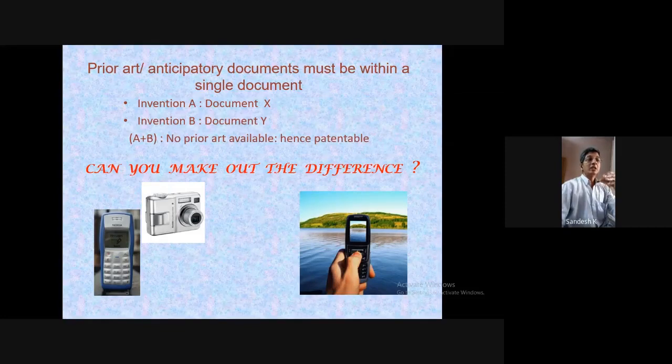So invention A is one, invention B is one, A plus B, there was no prior art, nobody had thought of it. So it is patentable. This is one of the good examples of how you can mix things together in a way no one has thought. Okay, next slide, please.